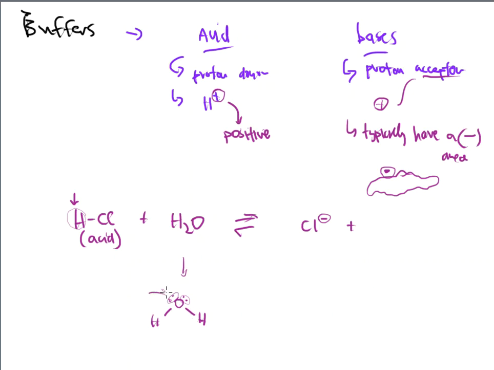Well, these electrons are negative. So this is going to give water a negative area. This is why we call this a polar molecule, because this is a negative area here in the center, and then these hydrogens, they're partial positives. So we do have a vacancy here.